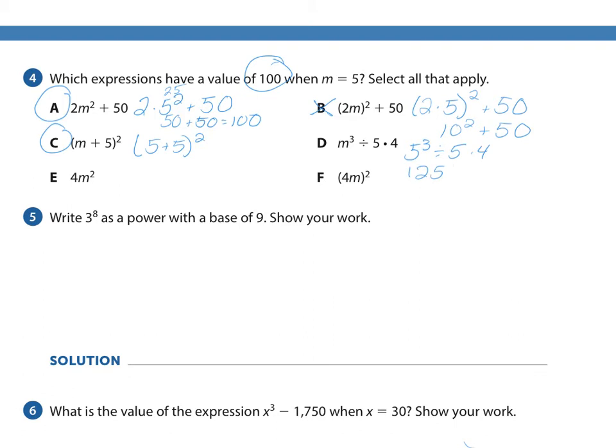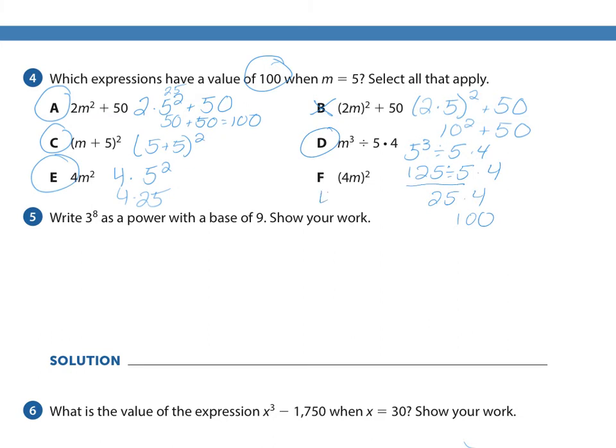Okay, 125 divided by 5 times 4. 125 divided by 5 is 25. 25 times 4 is 100. D does work. Okay, for E, we're going to have 4 times 5 squared. 5 squared is 25. 4 times 25 gives me 100.